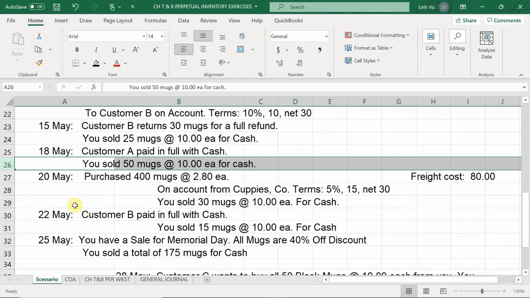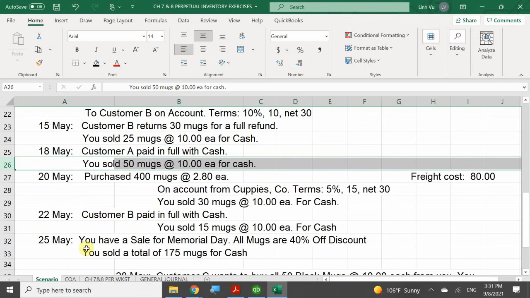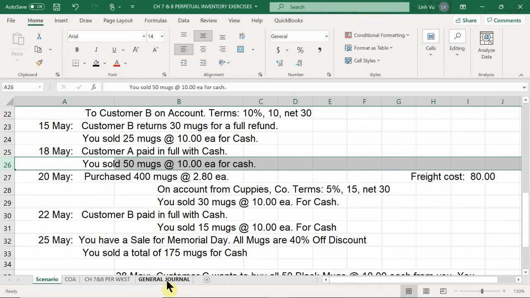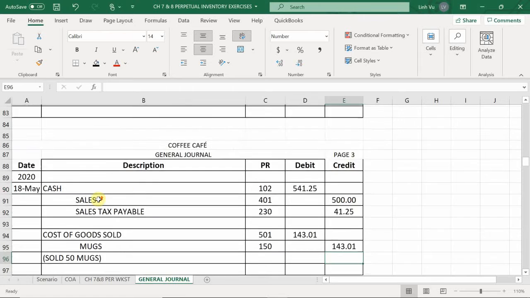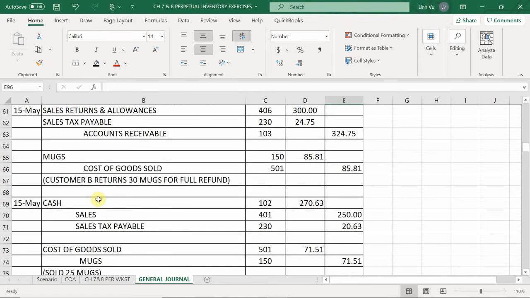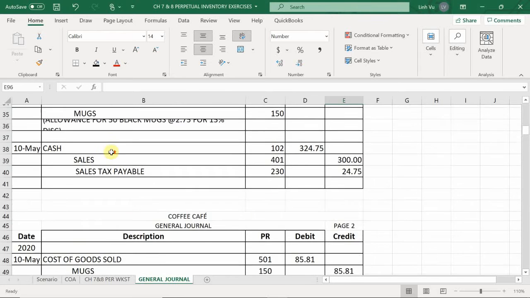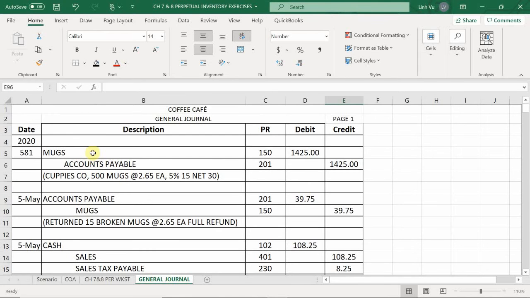So we just received another purchase of inventory, so we need to record our purchase of inventory, the mugs, in accounts payable.